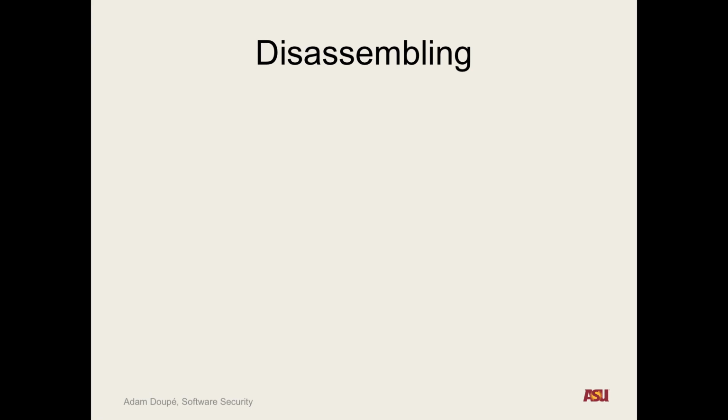Yeah, it's a lot easier to read assembly code than raw binaries, right? But can we take that back up to C code? Not always, and it's a lot more difficult, because there's no guarantee that this is actually a C or C++ program.